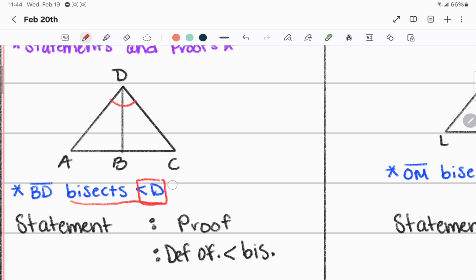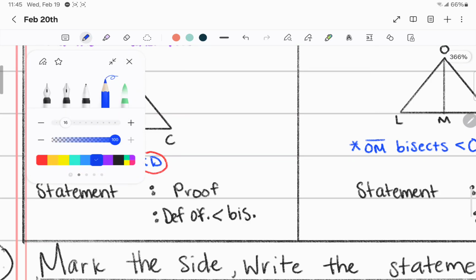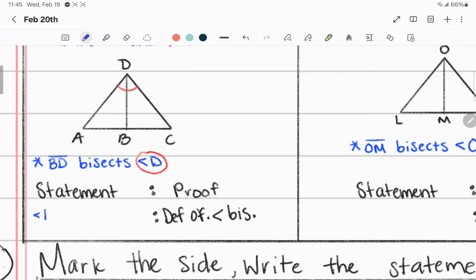And then our statement, going off of the letter that's being bisected, we write angle D is congruent to angle D. So whatever letter is being bisected, we put an arc through it, and then we write angle D is congruent to angle D, whatever letter is there.